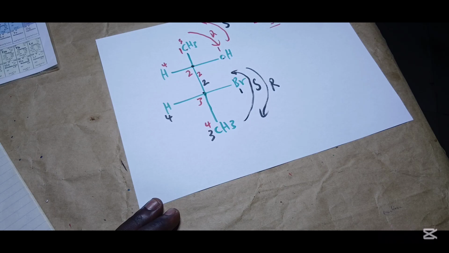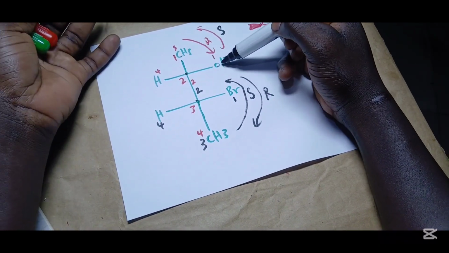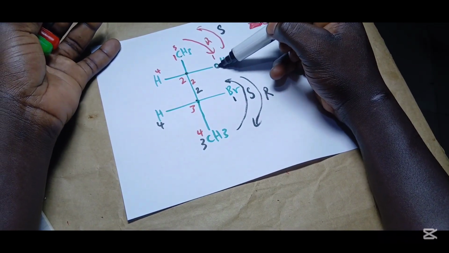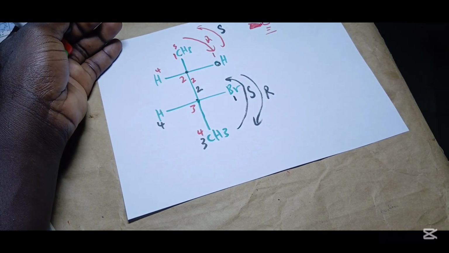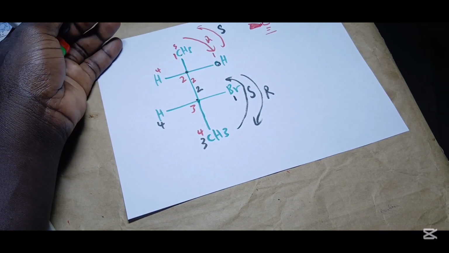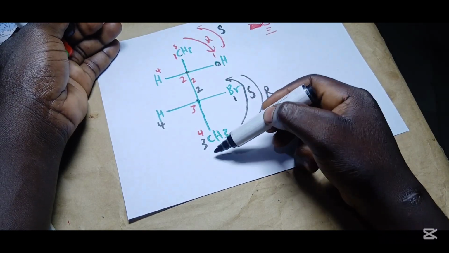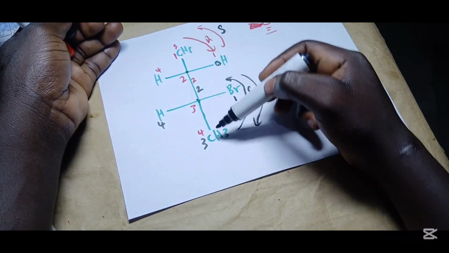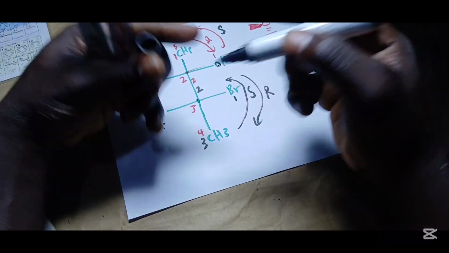Now, numbering the carbon atom really matters. We first have the one closest to the functional group and then to the bromine, the substituent. So we have to number from top to bottom, because if we number from the bottom, we'll get to the substituent before the functional group.